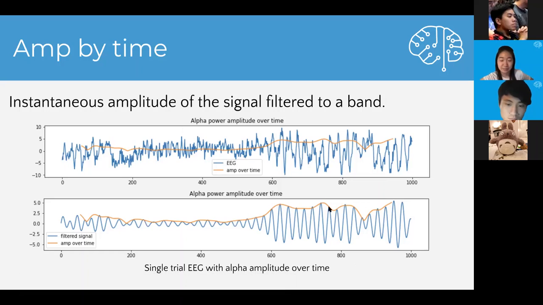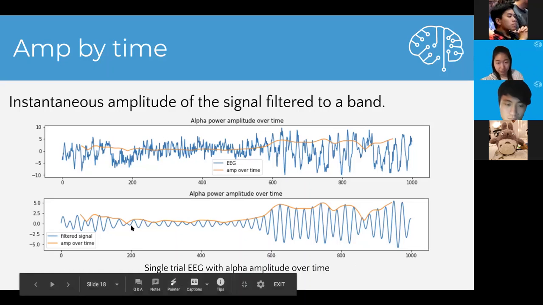You can see how this can be helpful. It's like taking a slice of the spectrogram in the time domain: if you take it over the alpha band range and flatten it somehow, you get something like this, a representation of how much power there is in alpha over time.